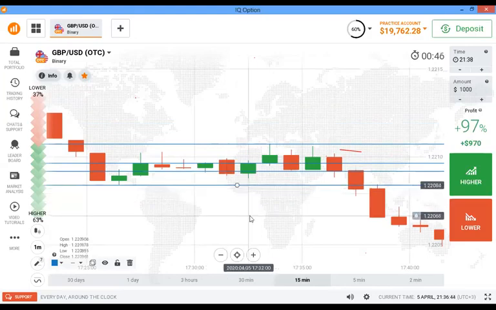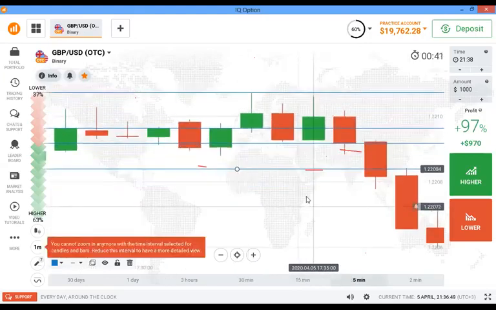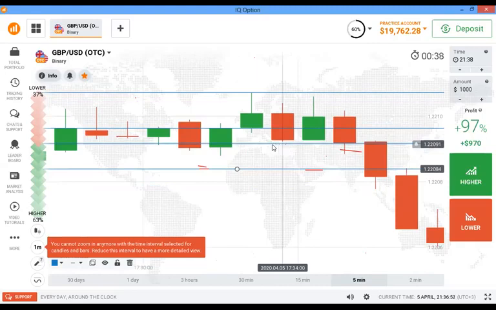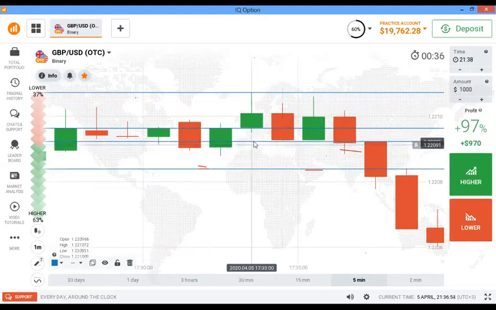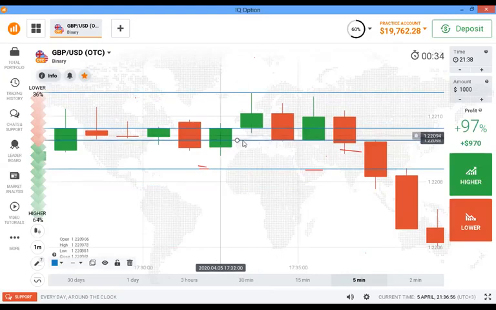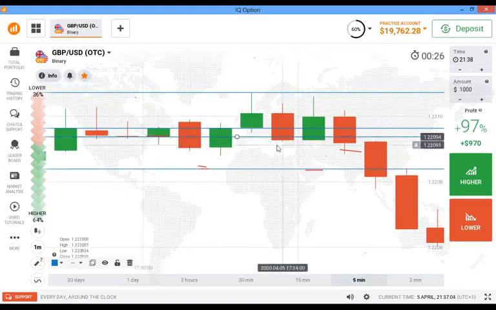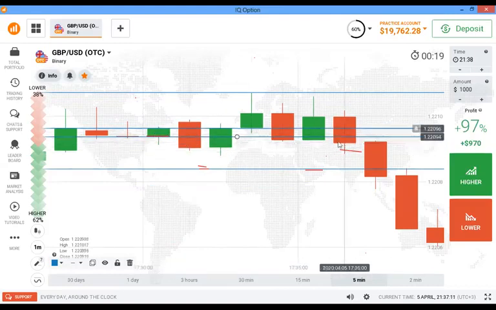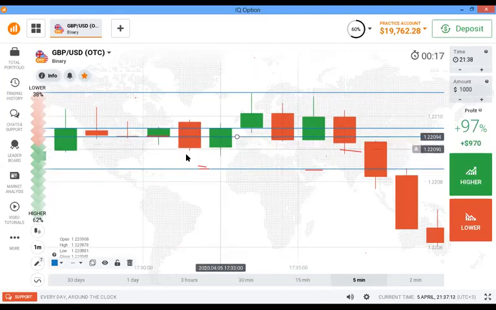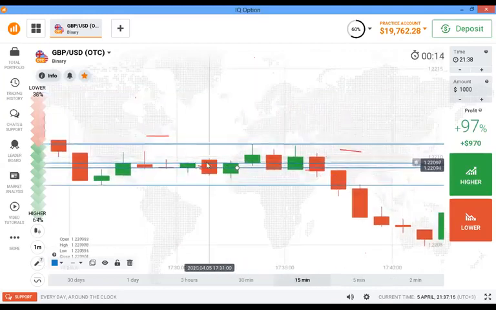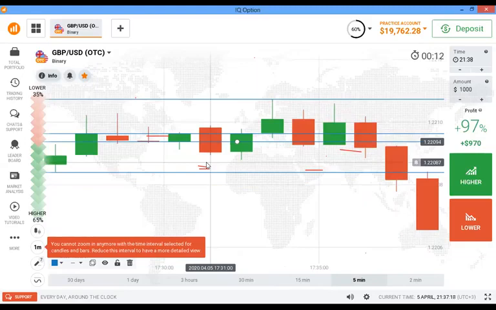Initially, I saw you put a line here, but I thought it should be on this candle, on this level here. Yeah, it can also be here too. Yes, it can also be here or here, anyone. Okay. Either here or here, anyone. You will just observe the candles that close at that level. Thank you.